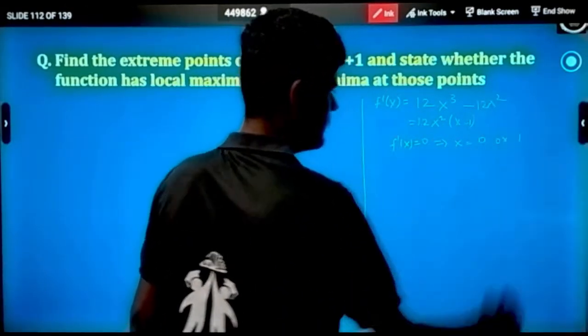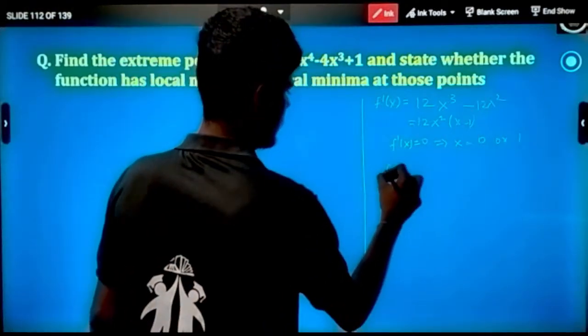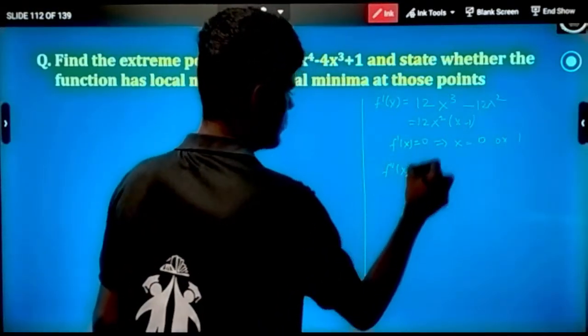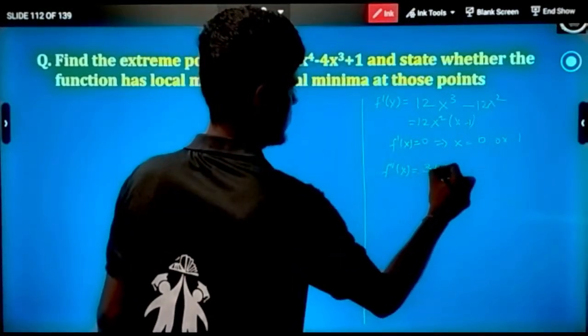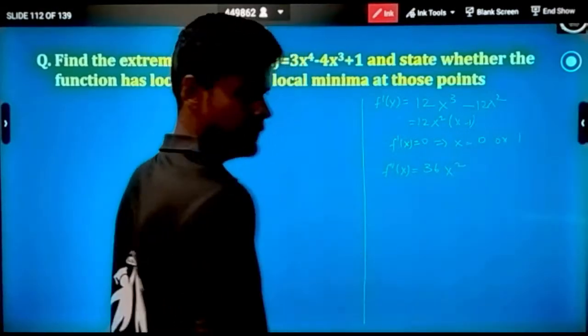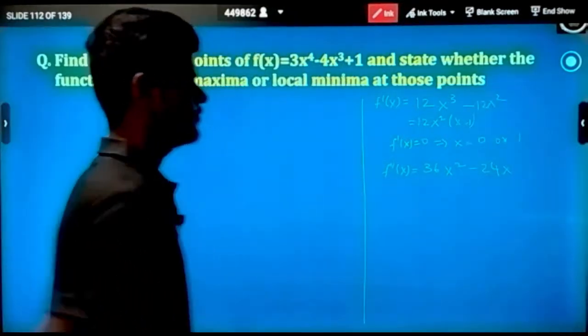Next, find f double dash. F double dash of x is 12 into 3 is 36x square minus 12 twos are 24x.